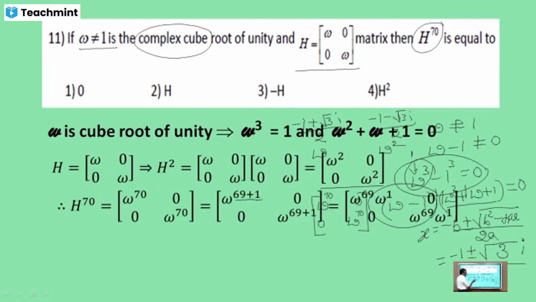According to the law of indices, I can write it as a to the power m into a to the power n, as we discussed earlier. So omega to the power 69 became 1. 1 into omega to the power of 1 is always equal to omega. Right? Similarly, here also omega comes.